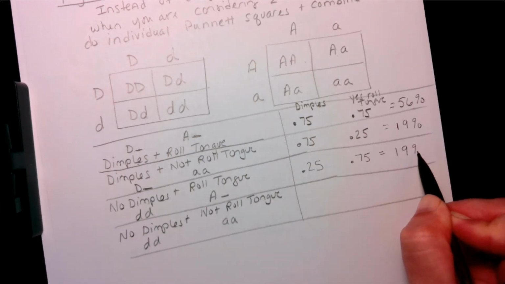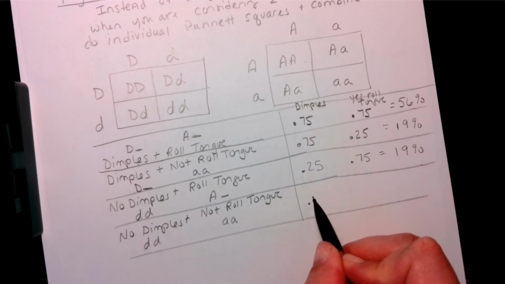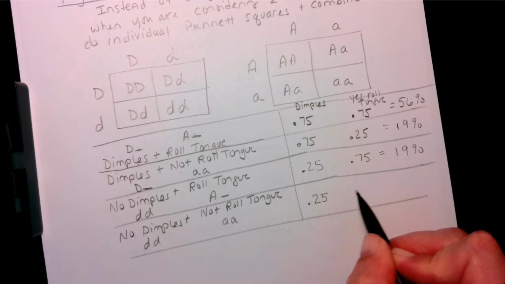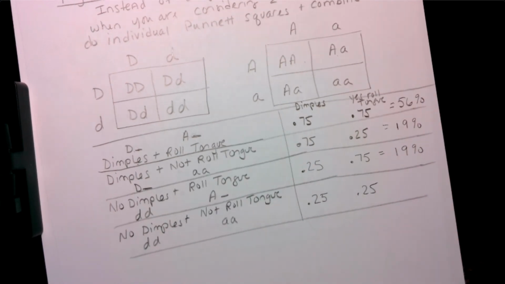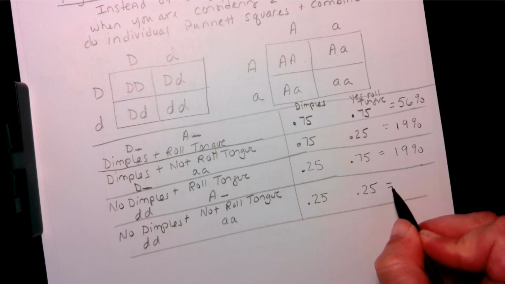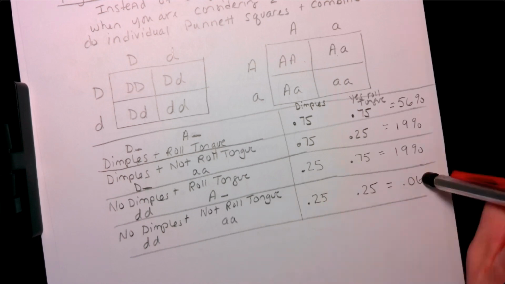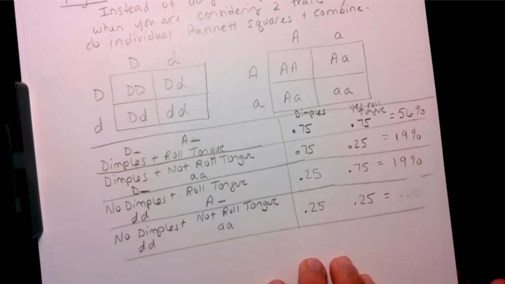And then the ability to have no dimples and no tongue rolling would be 0.25 and 0.25. And if we multiply 0.25 times 0.25, we are going to get 0.06, or about 6%.